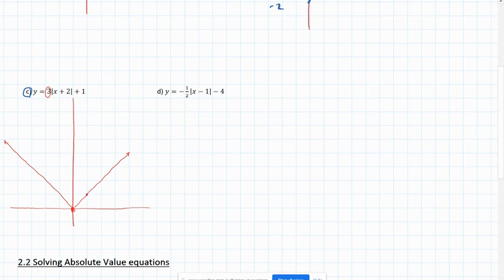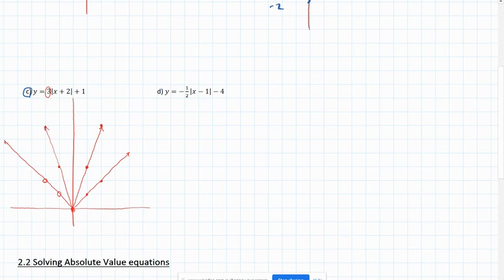This point, which has a y value of 1, now stretches up to 3 because we multiply the y value by 3. This point has a y value of 2, so when we multiply by 3, it now becomes 6. This point has a y value of 1, becomes 3. This point has a y value of 2, becomes 6.